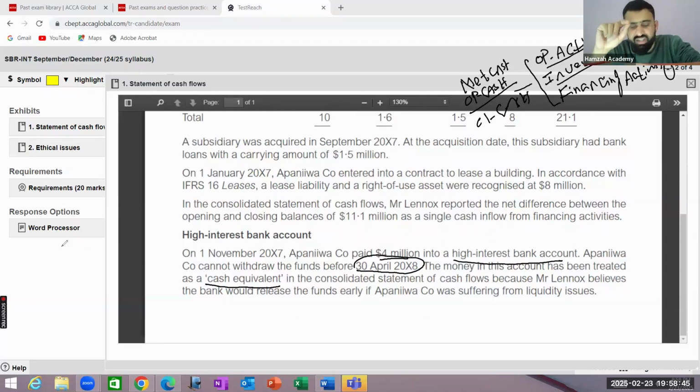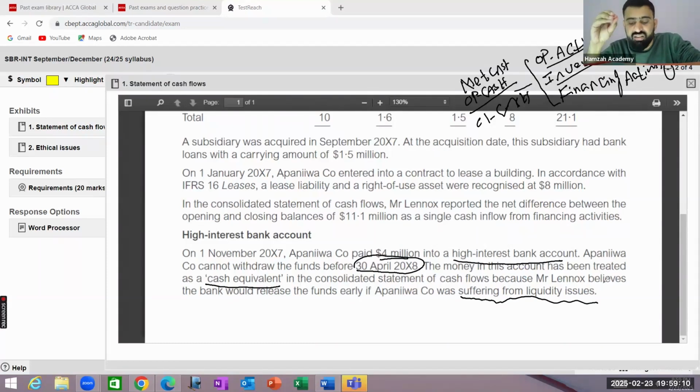And why they are doing it is not part of this requirement, but again, why is Mr. Linonix believing that it is a cash and cash equivalent? Because they are suffering from a liquidity issue. Liquidity means cash. They have some liquidity problem.